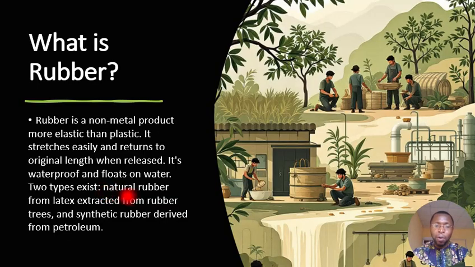We have the natural rubber that is gotten from latex, and this latex is extracted from the rubber tree. And we also have the synthetic rubber that is derived from petroleum. So these are the two categories of rubber: the natural rubber and the synthetic rubber, based on their source of production.